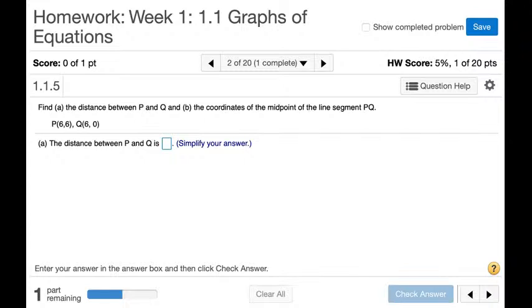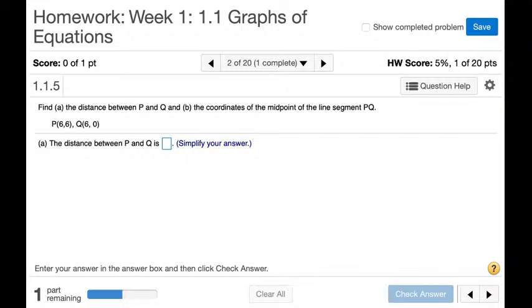This is question number 2 from section 1.1, number 5. We want the distance and midpoint. P is going to be 6, 6. Q is going to be 6, 0.